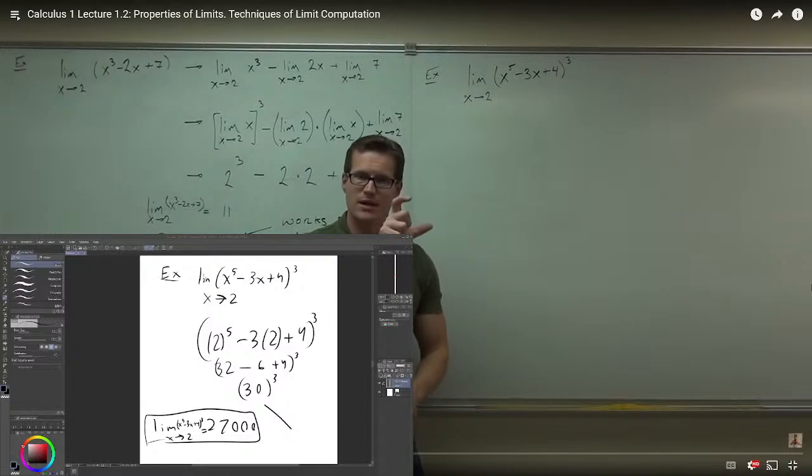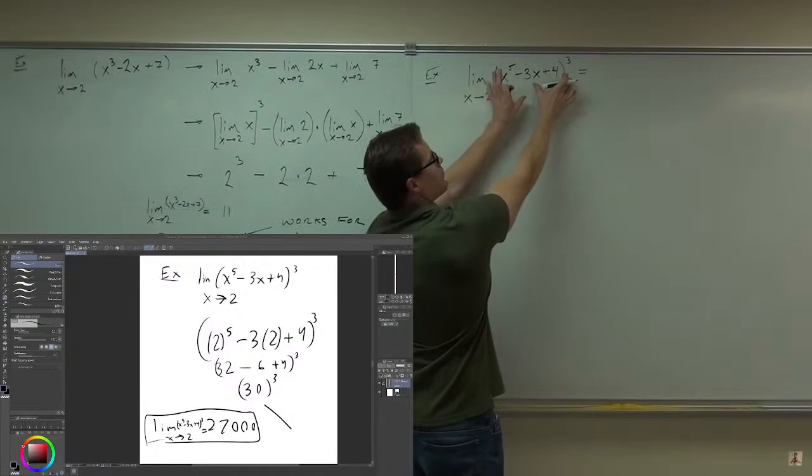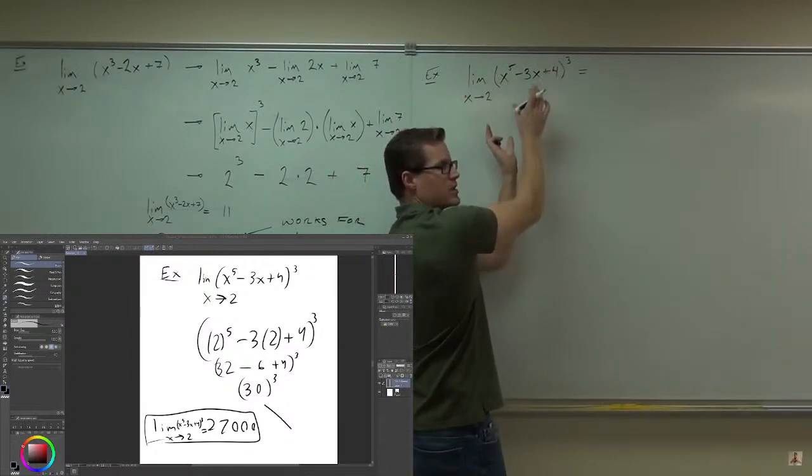That number in there, substitute that in there, because we know that the limit is going to equal whatever this function is evaluated at the point a equals 2.